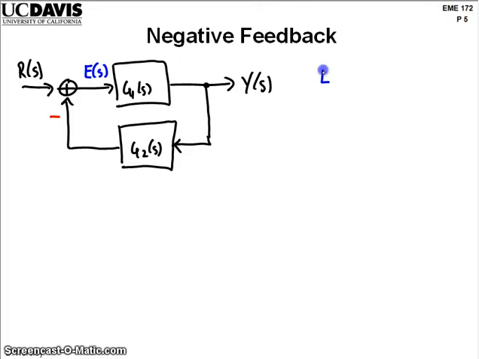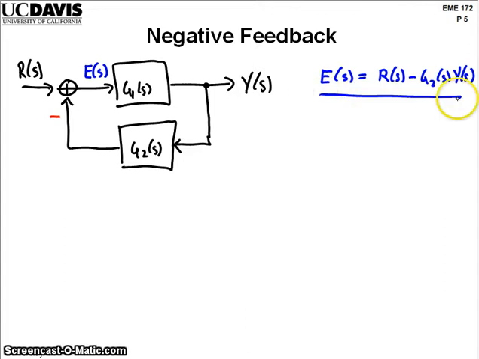Okay, and so we can see that by the way the block diagram is written, E of s is equal to R of s minus g2 of s times y of s. And then, so that's sort of the definition of our error signal. Okay, and so then let's look at what y of s is. Well, y of s is g1 of s times E of s, right? Let me write that in black down here.